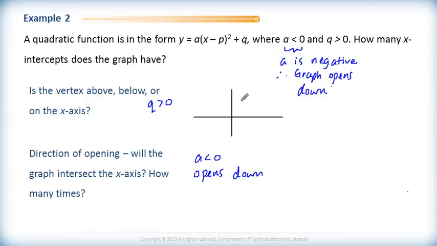There's a bunch of places it could be, but we definitely know that it is above the x-axis. So the vertex is above, and the graph opens down. Therefore, once again, we have 2 x-intercepts.